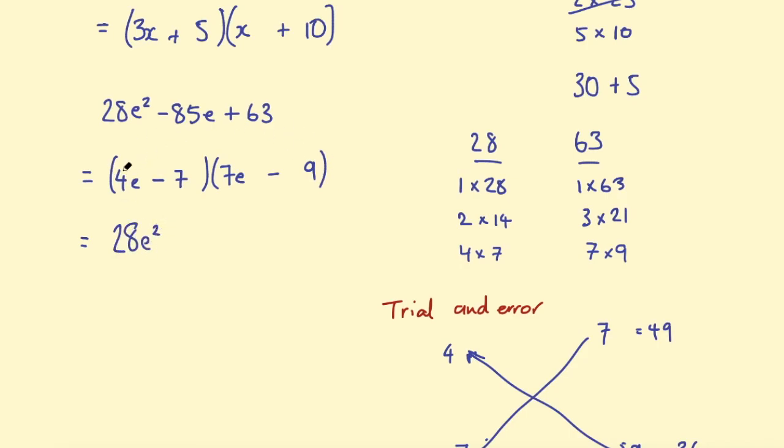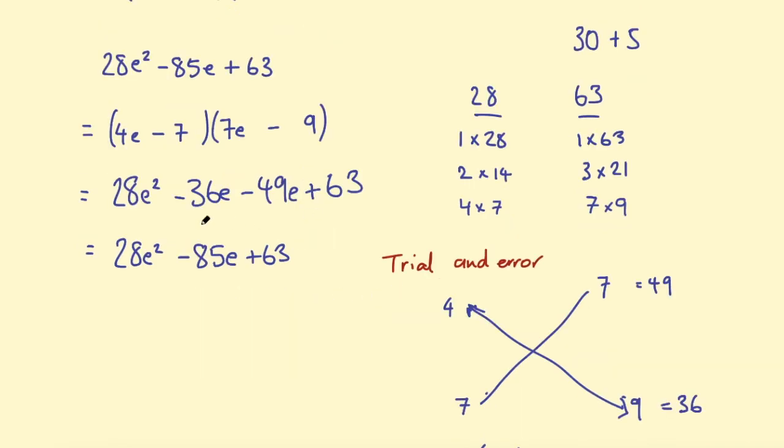And then you do the outer terms, which is minus 36e, the inner terms minus 49e, and the last terms, that's plus 63. And that's going to be 28e squared minus 85e plus 63. You can see here I get what I started with, so this factorization must be correct.